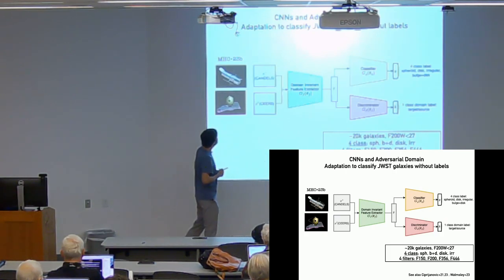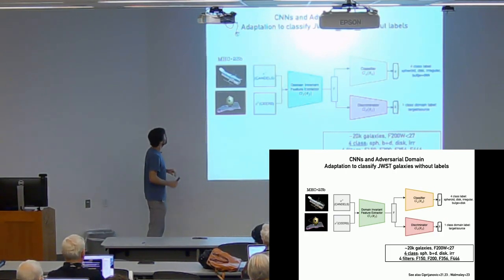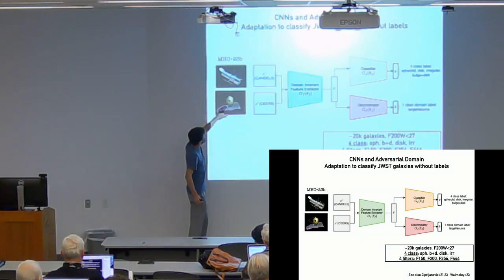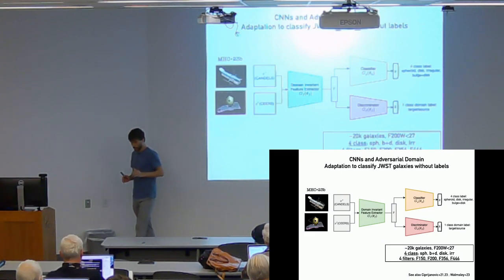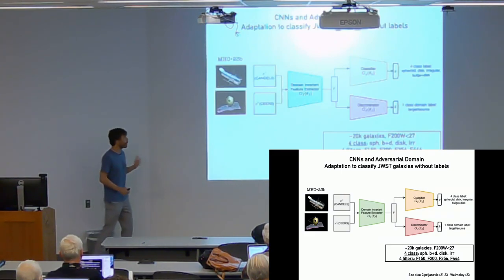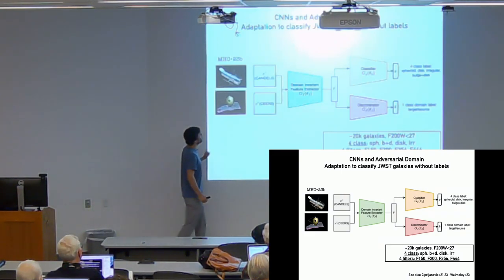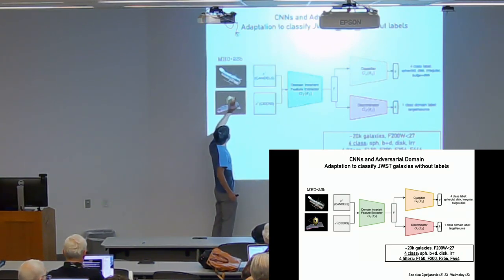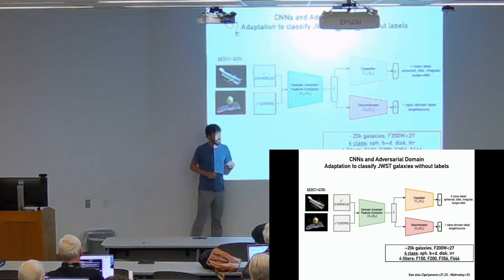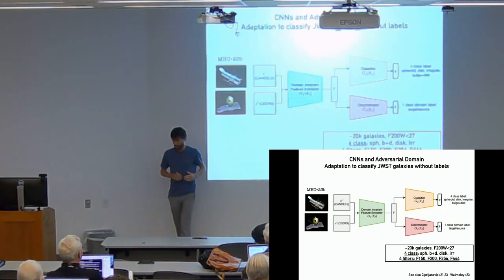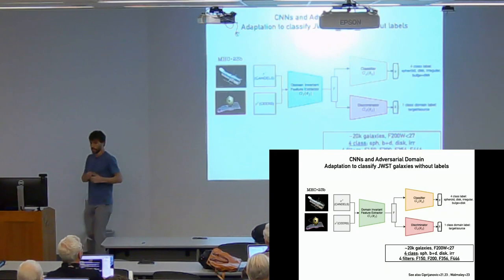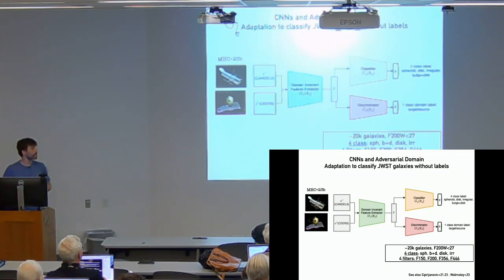I'm not going into details of what we did, but essentially we're trying to classify CEERS galaxies without any labels, reusing some information we learned from HST, but getting rid of everything that is specific to HST and letting the networks learn new things, without being biased by the HST labeling. So essentially, feeding both kinds of information and getting rid of instrumental effects.